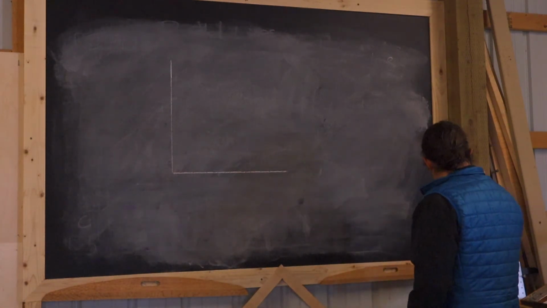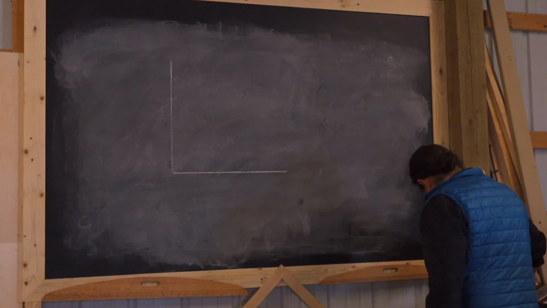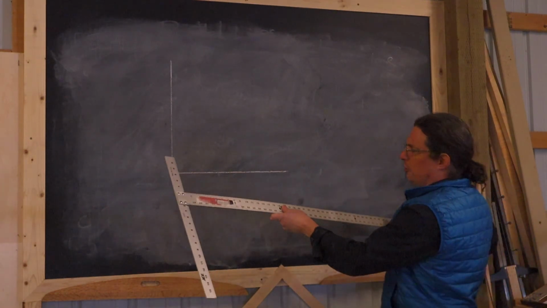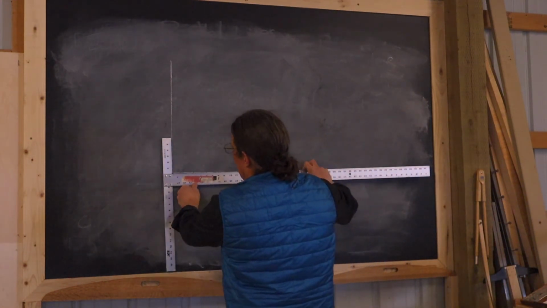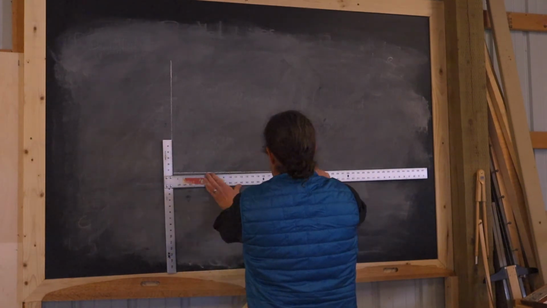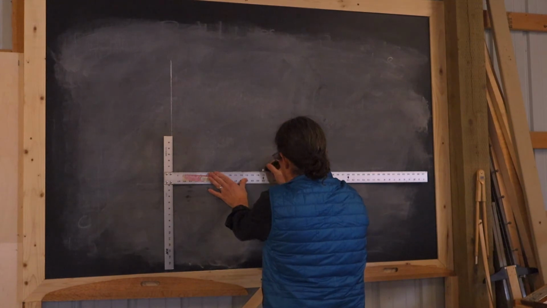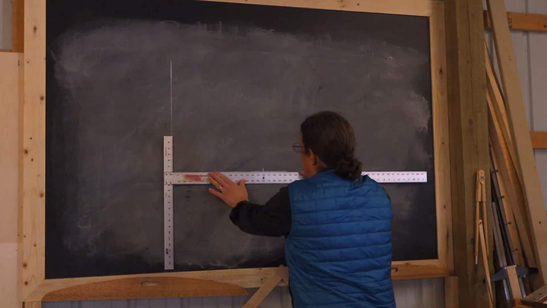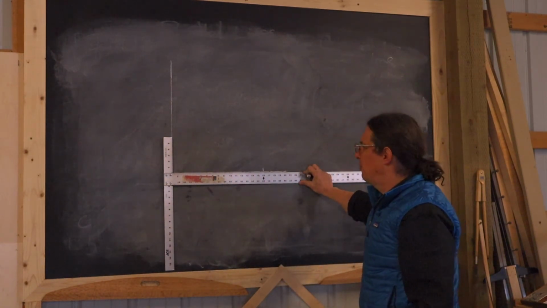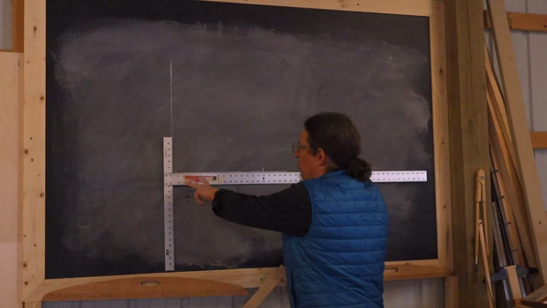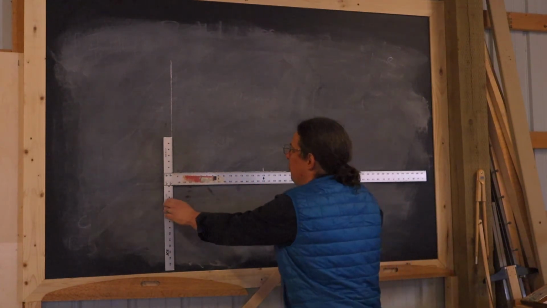But another use of it, so look, you can just mark out, I'm going to do a step of 16, so I've measured from the corner out to 16, because that's 4 steps of 4 inches each.